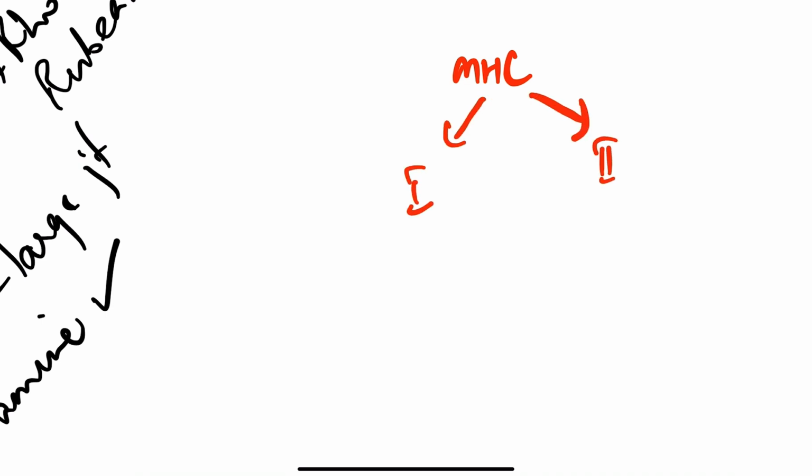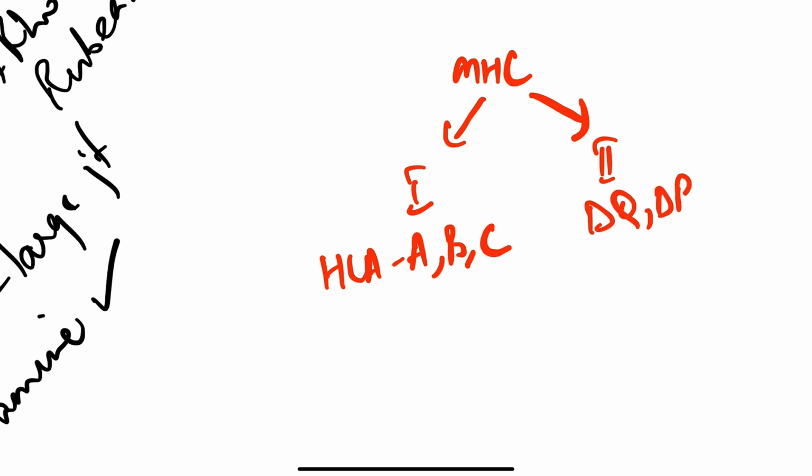All right, type 1 is coded by HLA A, B and C, whereas type 2 is coded by DP, DQ, DR, right?